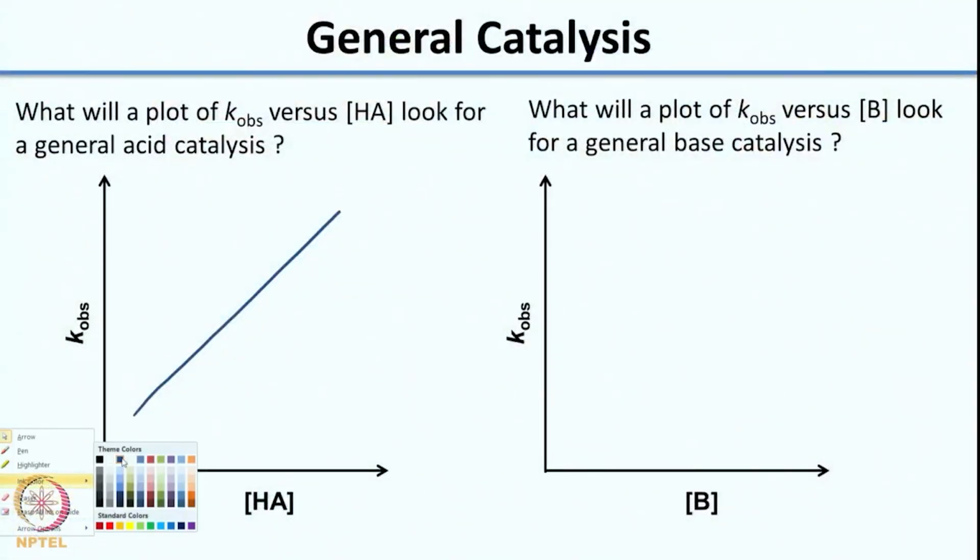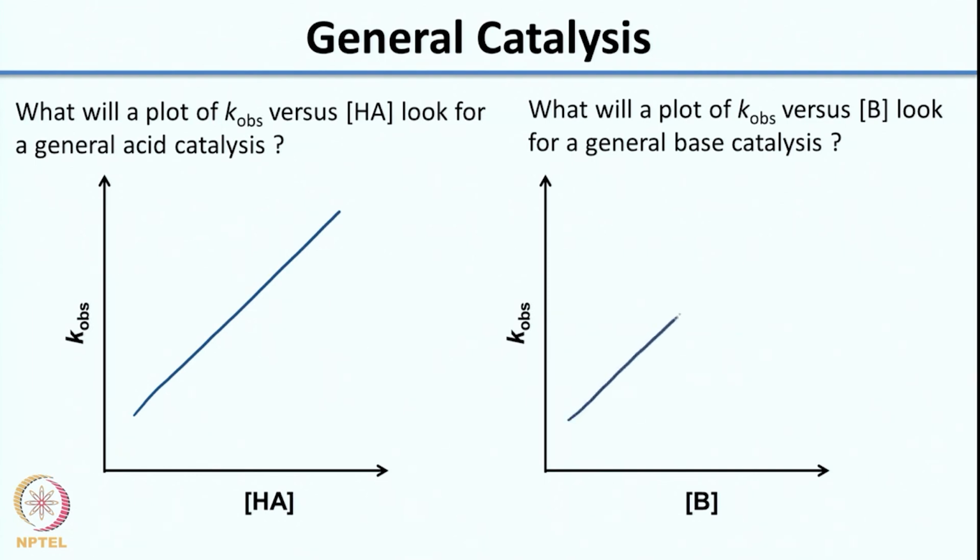Even in this case there is a direct correlation, correct? So here also it will not be any different, it will be a straight line. What you would see is the K observed will obviously increase with the concentration of the base, in one case with the concentration of acid and in the other case with the concentration of base.